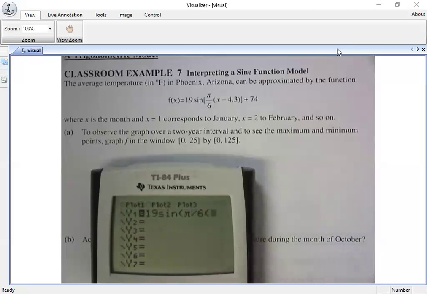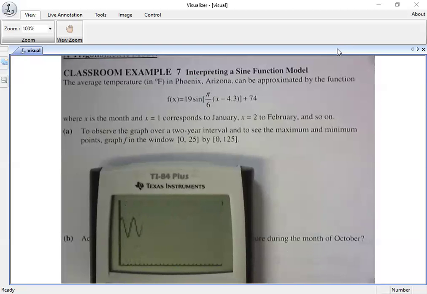And then we have the x minus 4.3 and the plus 74. Okay, now let's see. There we go. Oh my goodness. I did what? You put times 4.3. You didn't put minus 4.3.